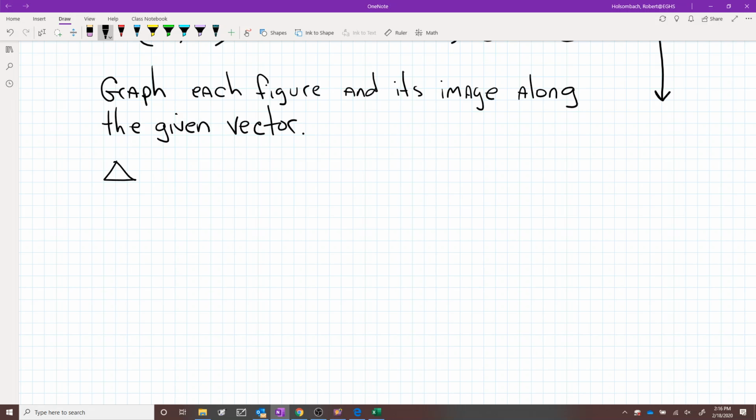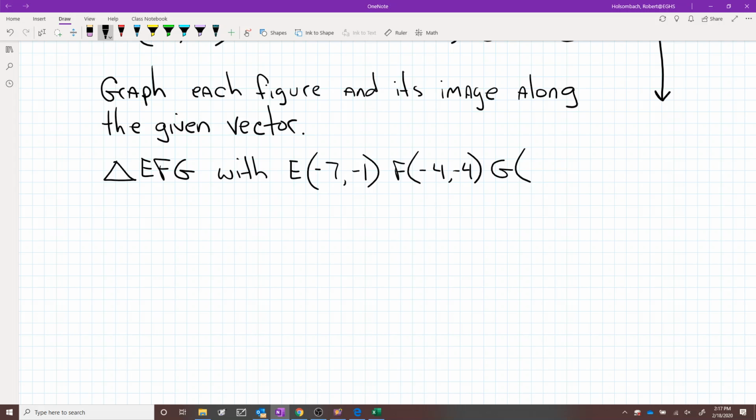So we're going to get triangle EFG with point E at -7, -1. F is at -4, -4. G is at -3, -1. And now watch, here's where they put the vector. You'll see a semicolon and then 2, 5.